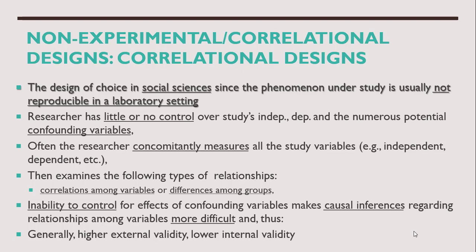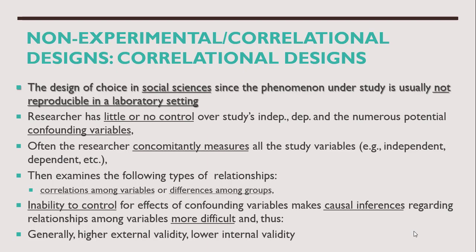So that is why we usually have high external validity for correlational design but low internal validity, because it is difficult for us to capture the real relationship among variables, but it is very likely that we will be able to generalize the results from our particular sample, from a particular study.